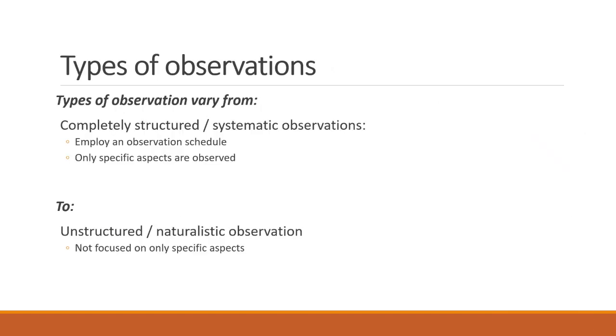Okay, and then types of observations. These vary from completely structured or systematic observations to unstructured or naturalistic observation. So the structured ones is when there's a schedule for observation, and also if there are certain things that you observe and you don't observe everything. So let's say you are in a community, you're interested in one aspect of the traditional ritual of a particular community.